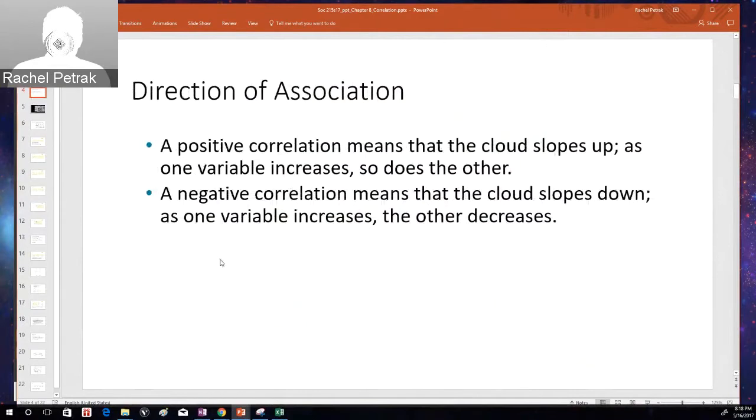We also look at the direction of the association. So this is very important to keep in mind because it maps directly onto how we will interpret correlation problems. And don't worry if you're concerned about, well, we just discussed how important it is to know what kind of test to do. Are we going to get lots of practice doing that? Absolutely.